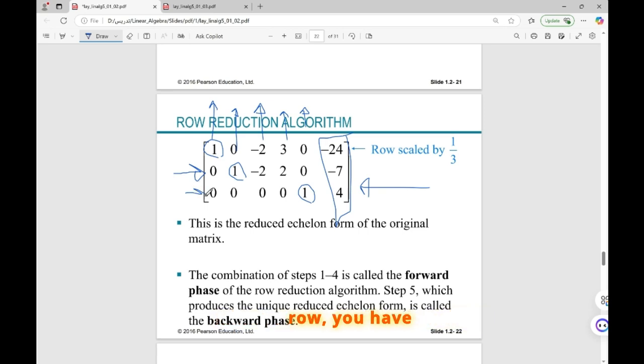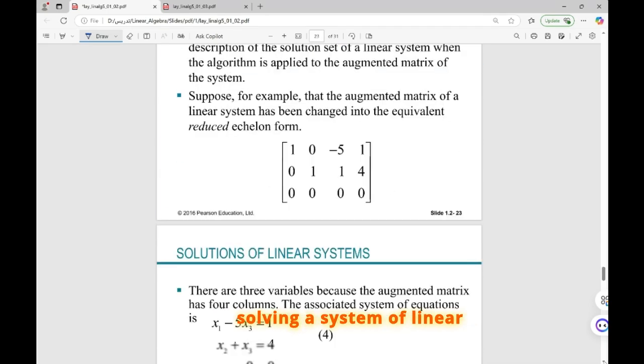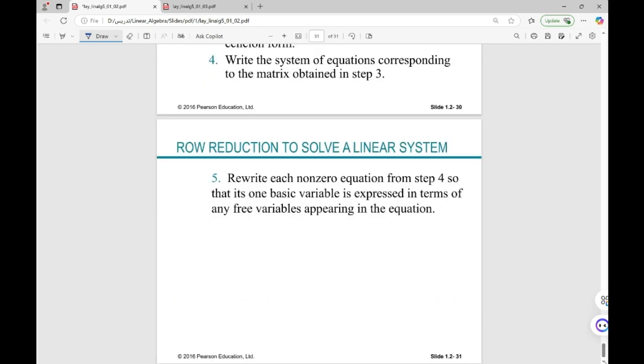And for the third row, you have x5 equals 4. Right? So in this form, you have each basic variable in terms of right side values and free variables. This means solving a system of linear equations. So then you can give any arbitrary value to a free variable and find the corresponding values of basic variables. Right?